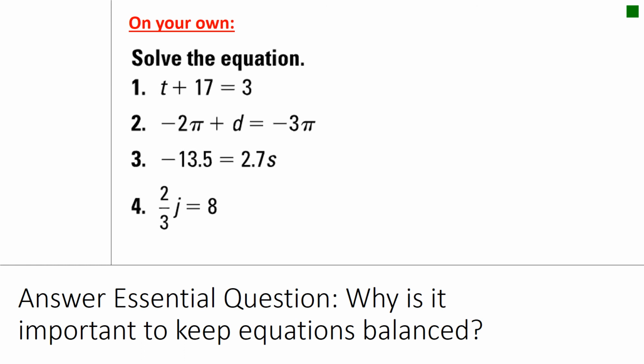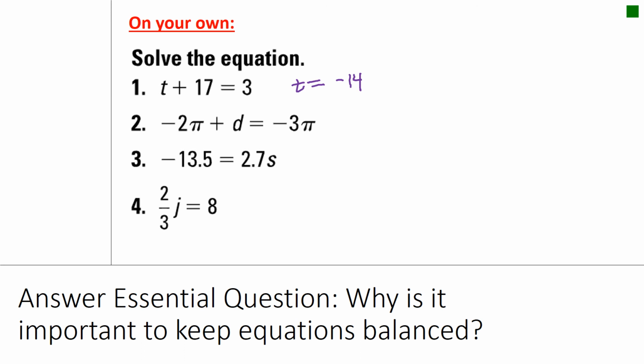Thank you for pausing your video, and let's go ahead and go over the answers to the on your own problems. All right, for number 1, you should have got t equals -14.